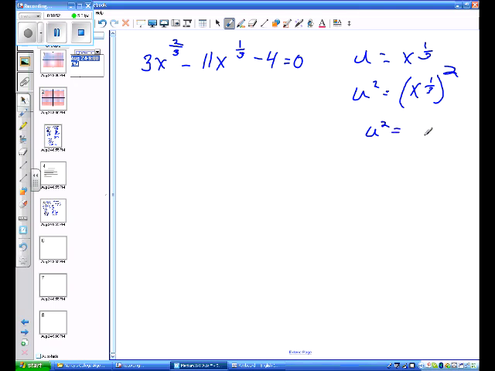So 1/3 times 2 is 2/3, which is our exponent for our first term. So we can do this then by the substitution. So x to the 2/3 is equal to u squared. x to the 1/3 is equal to u.